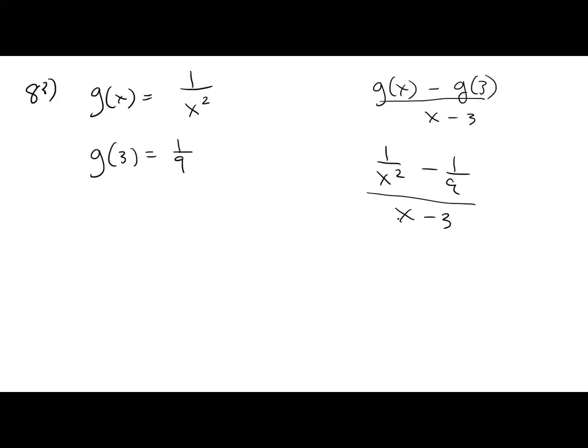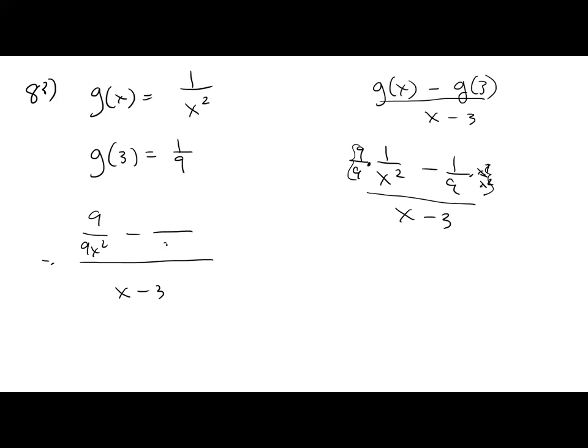Try not to factor immediately. What you want to do is simplify this little piece on top first. So common denominators would be, I think we need a 9 over here, right? And then we need an x squared over here. So I have myself a 9x squared and 9 on top here.